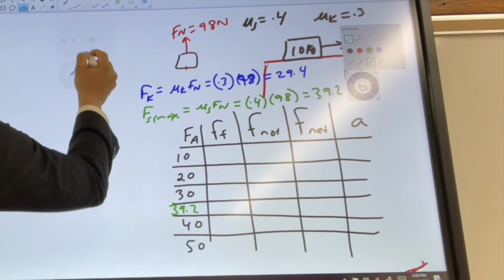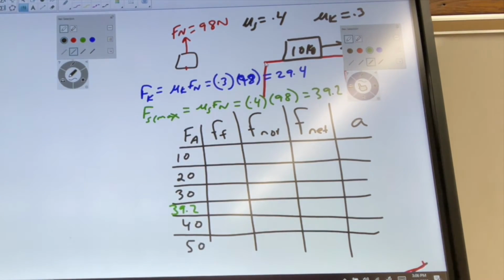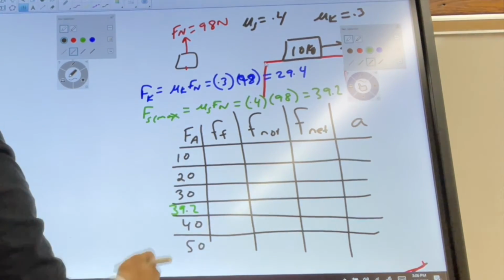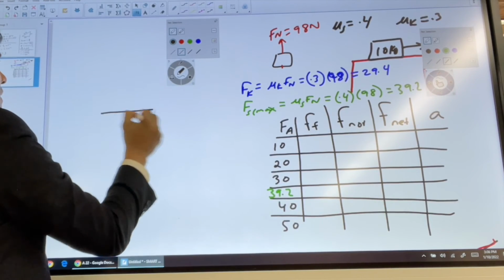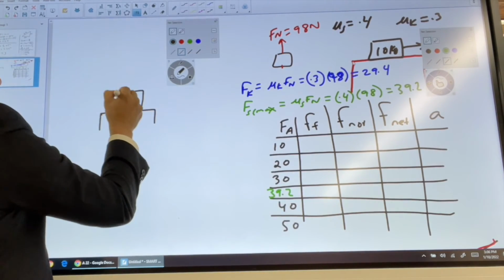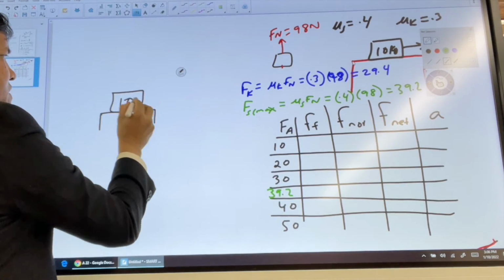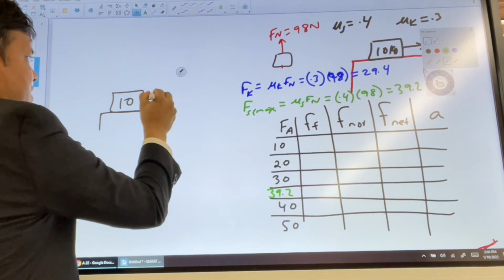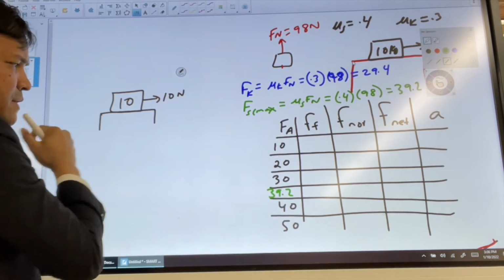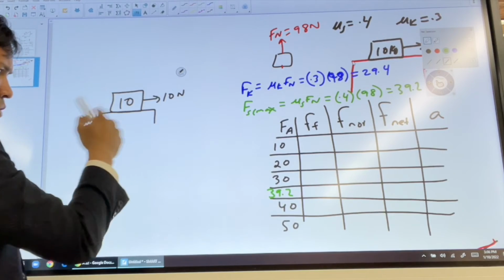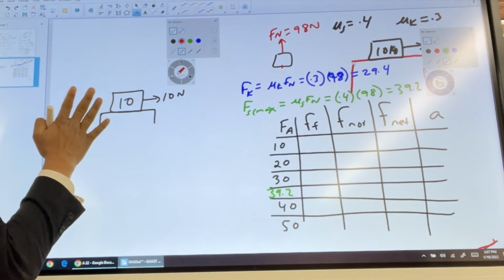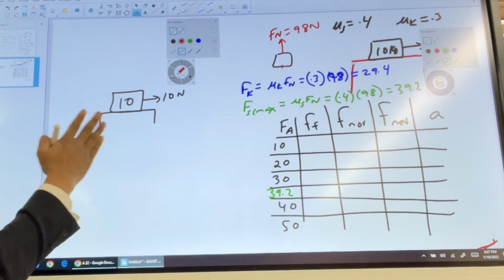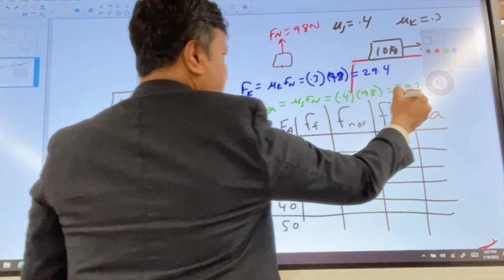All right, let's get it started. The first thing, what are you going to find? The force of friction. When applied force is 10 newton, think about that. What is the force of friction? Well, the minimum force I have to apply to move this box is 39.2.